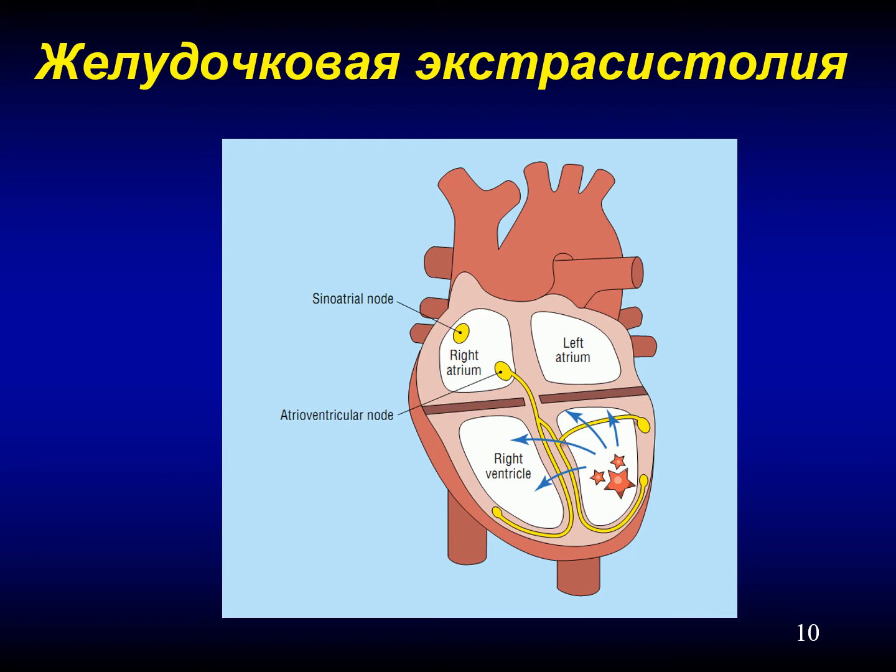There is no difference in treatment of right ventricular extrasystole or left ventricular one. Of course, based on ECG, we can determine whether it is right-sided or left-sided, but it's not significant for us as doctors, as clinicians.